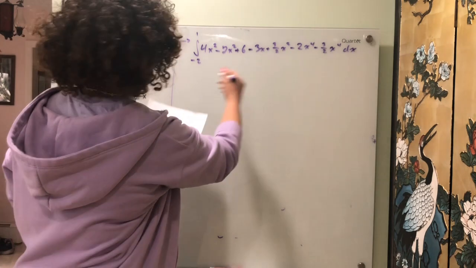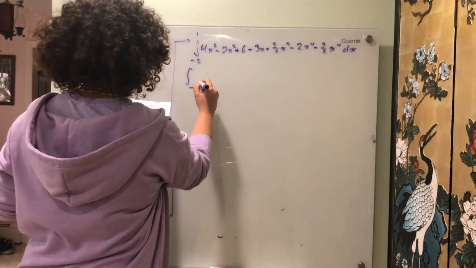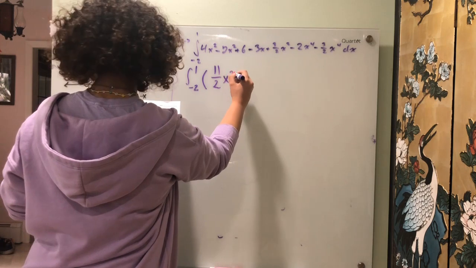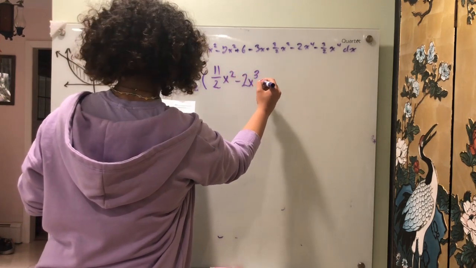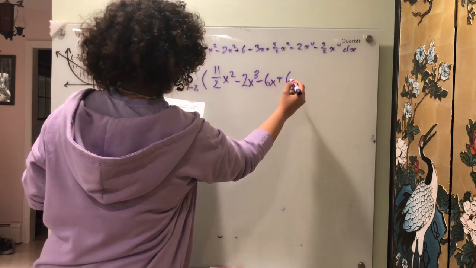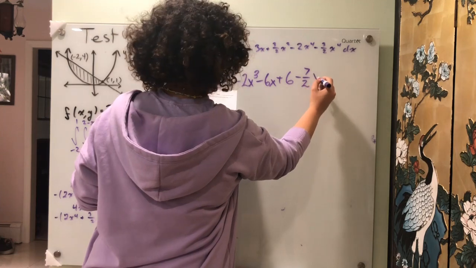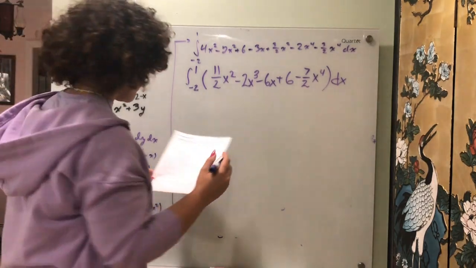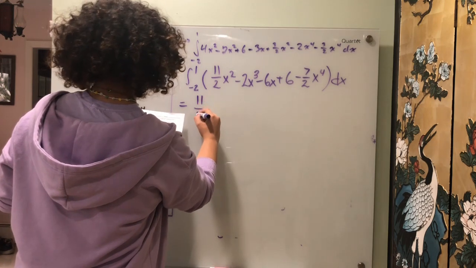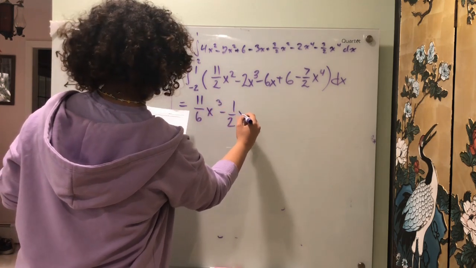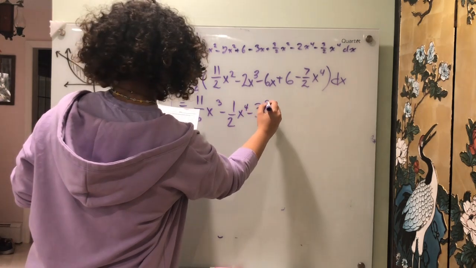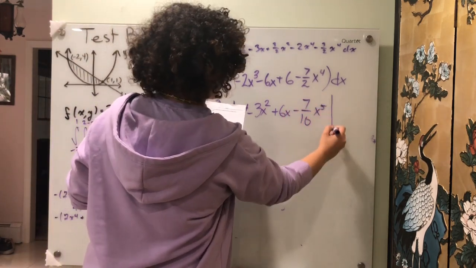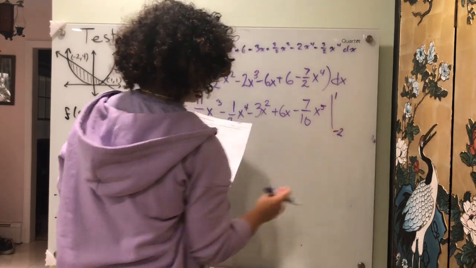So we'll start by simplifying this. Then after that, we'll start evaluating. And that's going to be from -2 to 1.